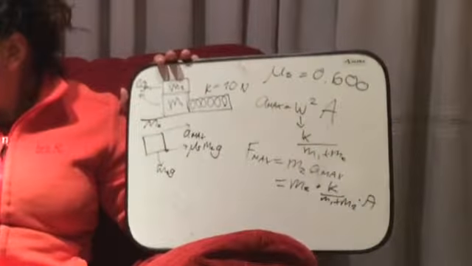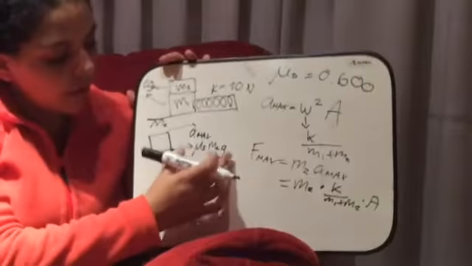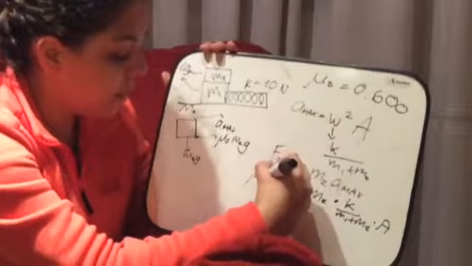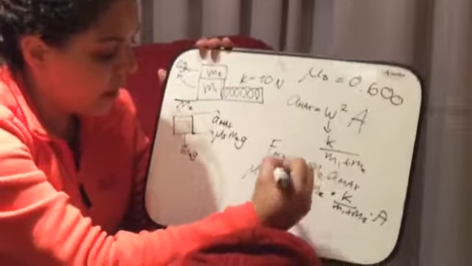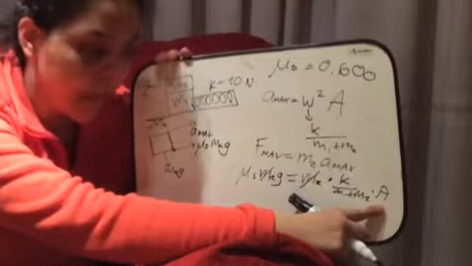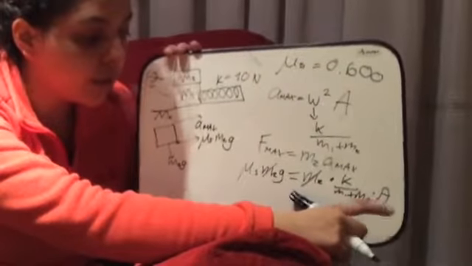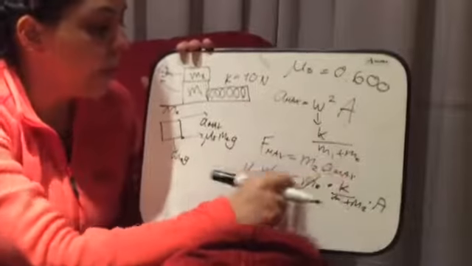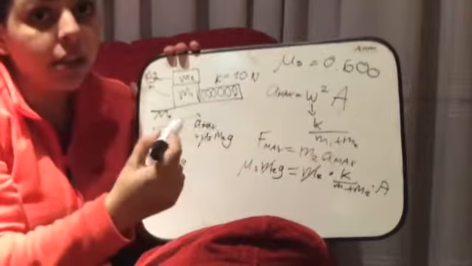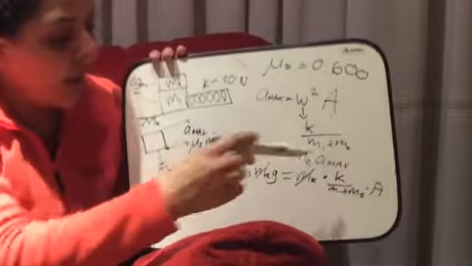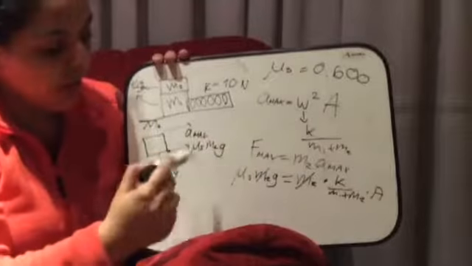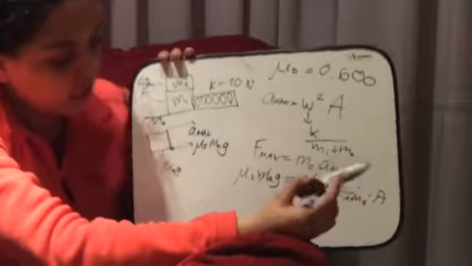And we know that this force should also be equal to this we have right here. So we can make these two equal. M2 leaves the equation, and we have all the values here but the amplitude. So this amplitude here should yield what we're looking for. By using both the equations we know from simple harmonic oscillation and our information from physics 1, we can achieve this new equation.